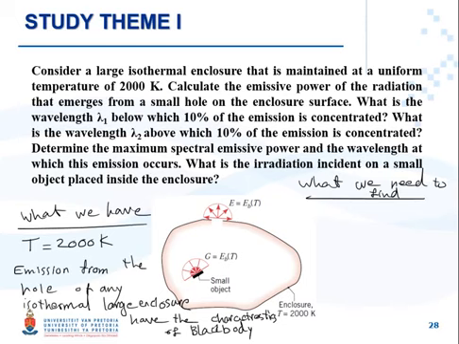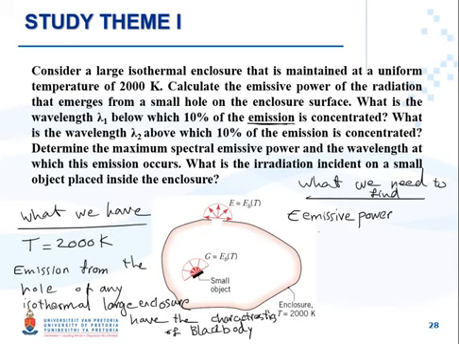Okay, what we need to find. First, what is the wavelength lambda 1 below which 10% of the emission is concentrated? Emission, so what it's asking is emissive power, but not the whole emissive power, the wavelength below which, and above which, 10% of the radiation is concentrated.